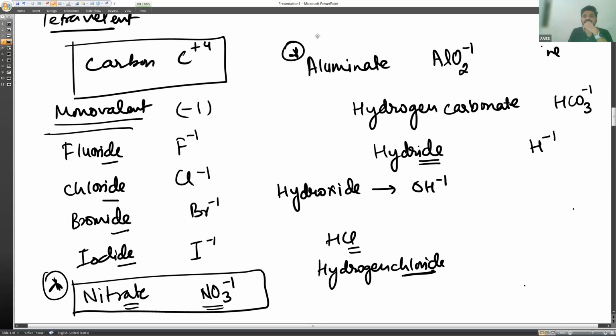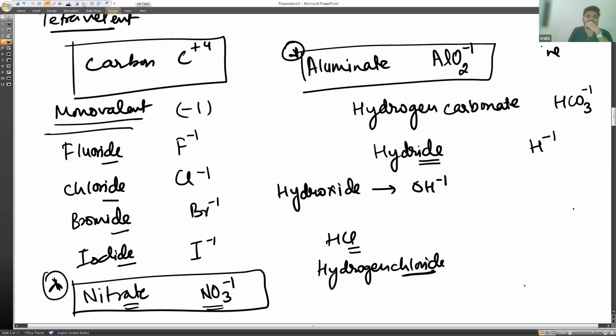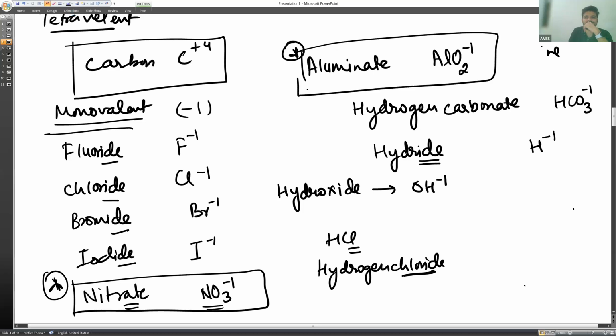Then after nitrate, we have aluminate. Aluminate is AlO2, with valency -1.